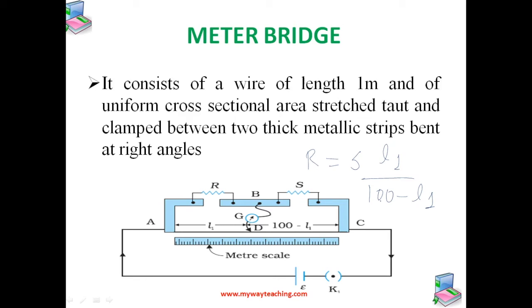An error in the measurement of L1 would naturally result in an error in R. That we can show using percentage error, and it can be minimized by adjusting the balance point near the middle of the bridge, when L1 is close to 50 centimeters. Okay.